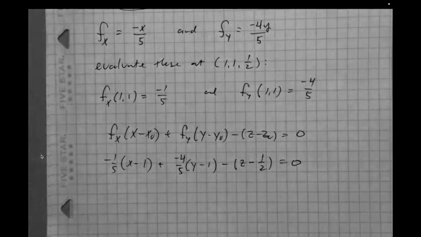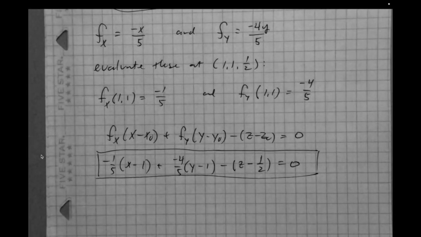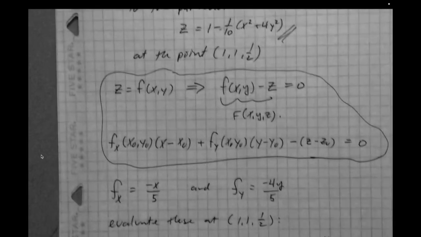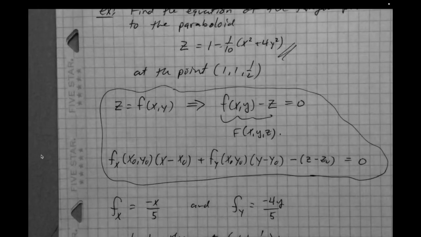And so it looks like that. Just like before, you could expand this, consolidate terms, simplify terms, etc. But this will be good enough for us. This is the equation of the tangent plane to the paraboloid given by this equation here, and specifically at that point.